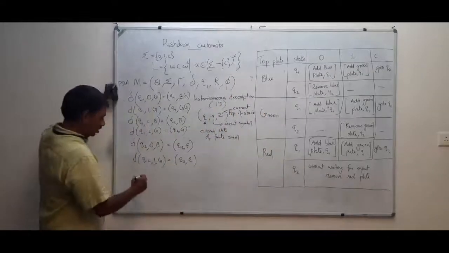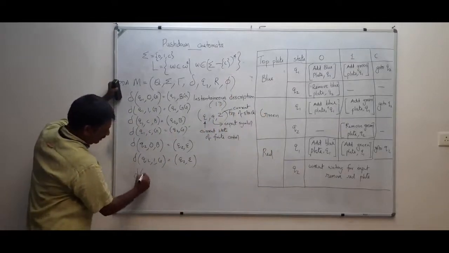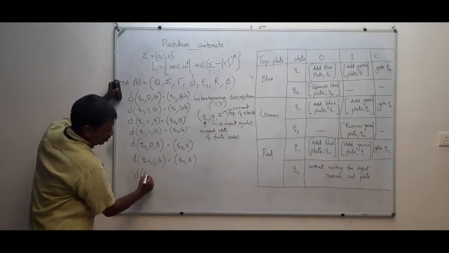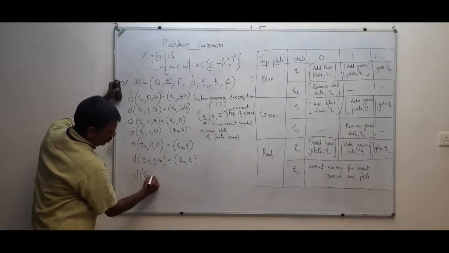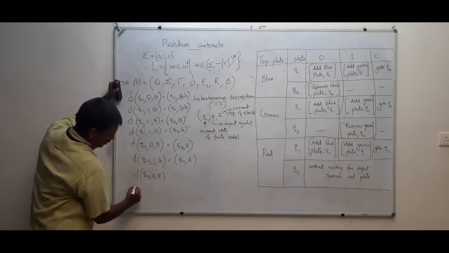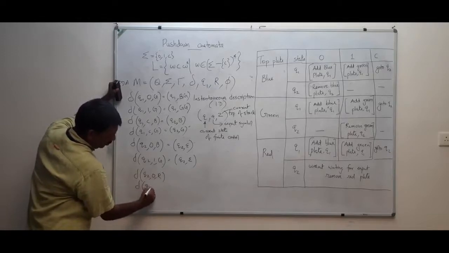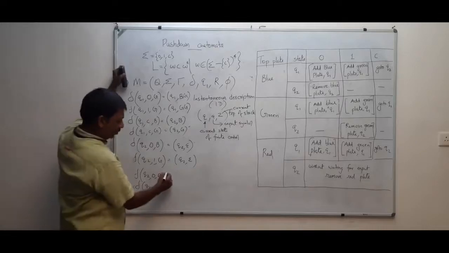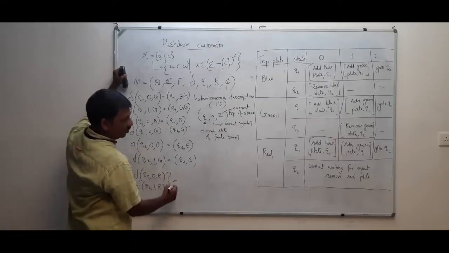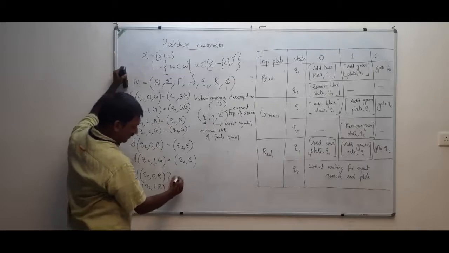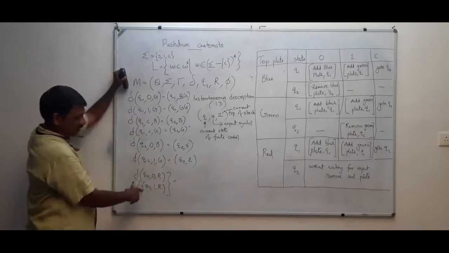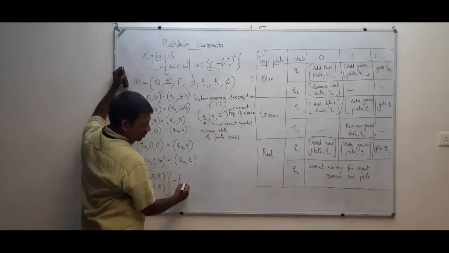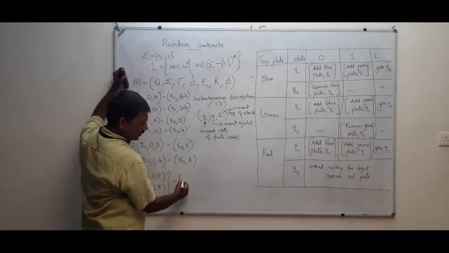That means here you have a delta of Q2, 0 R and delta of Q2, 1 R. For these two cases, you are going to remove the red plate, without waiting for the input.